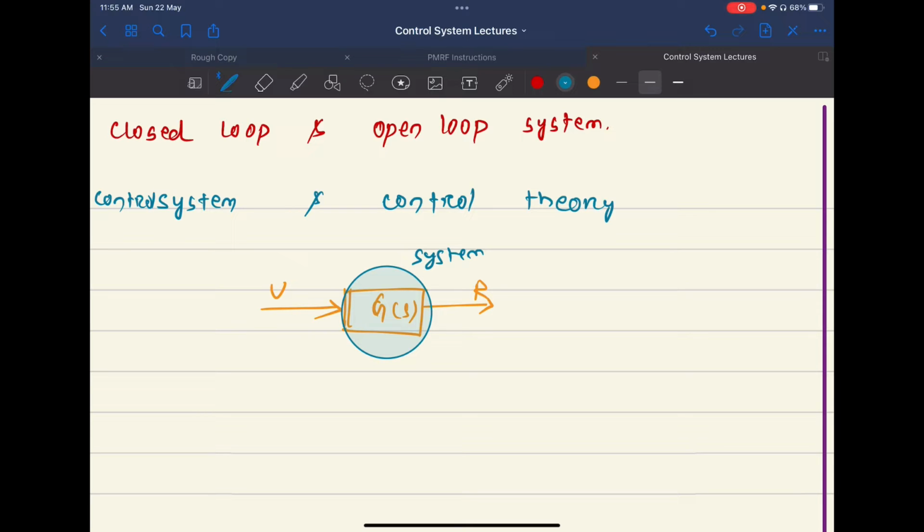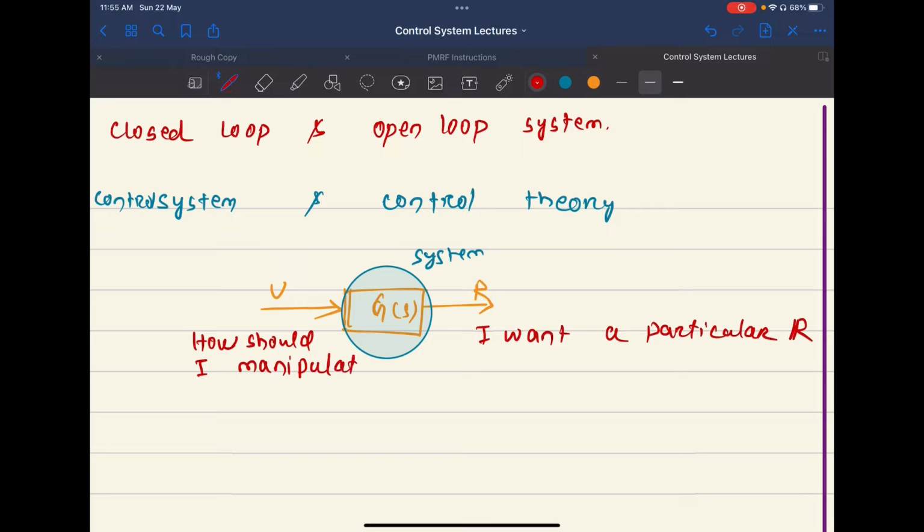But what is control theory? If you want some particular output R, how should I manipulate my U so that I will get the desired output?